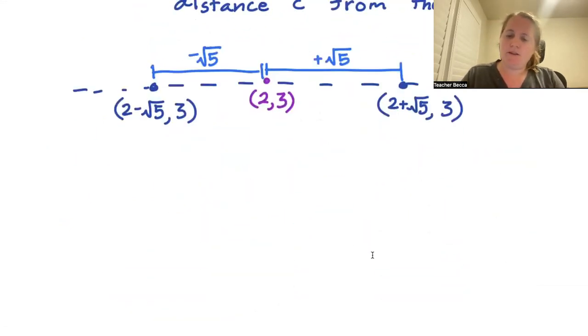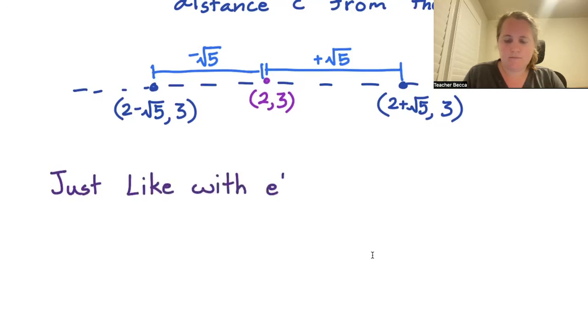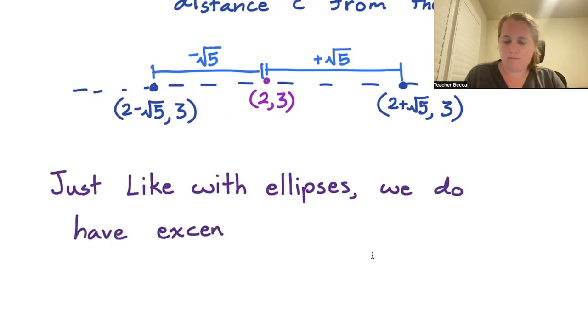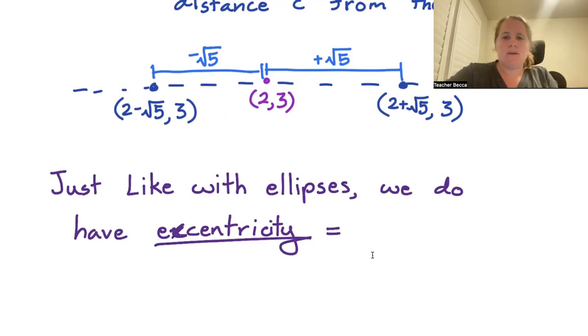Finally, just like with ellipses, we do have eccentricity. And that eccentricity is just, once again, c over a.